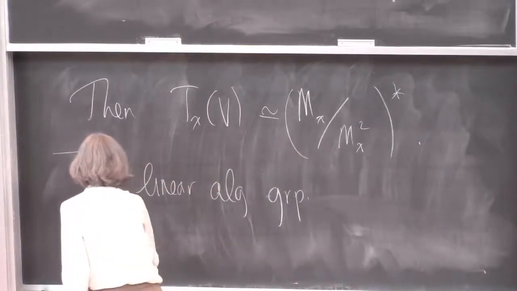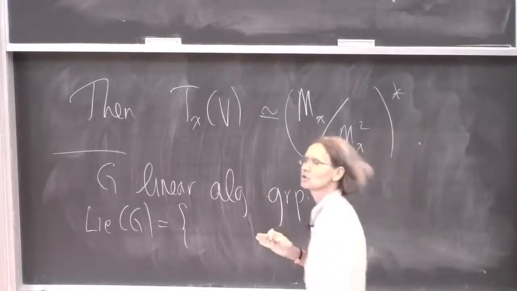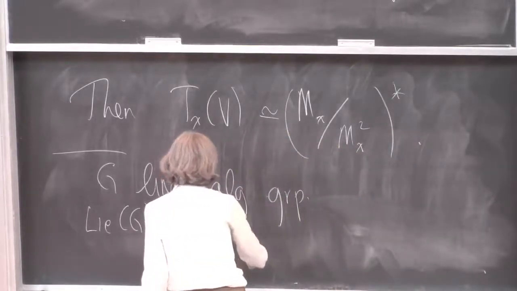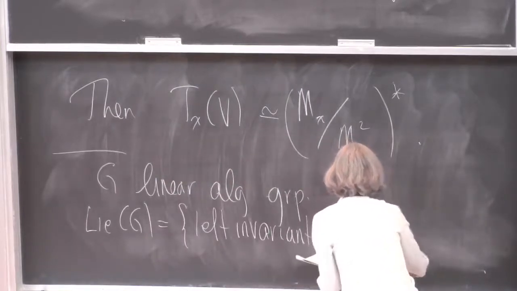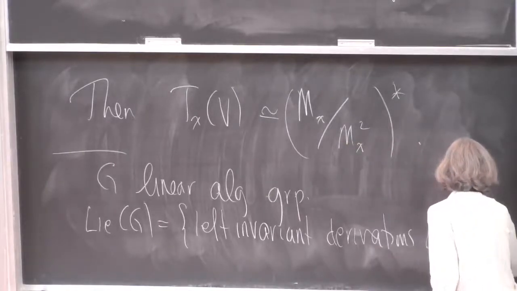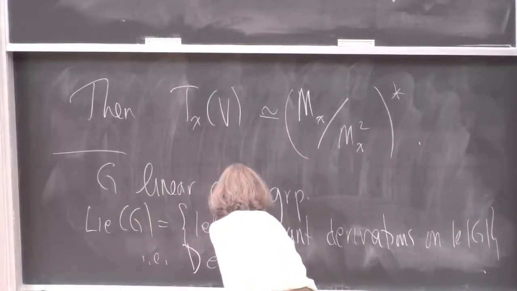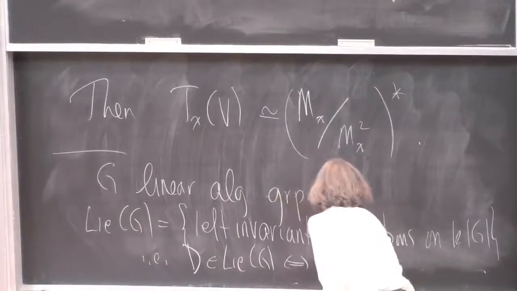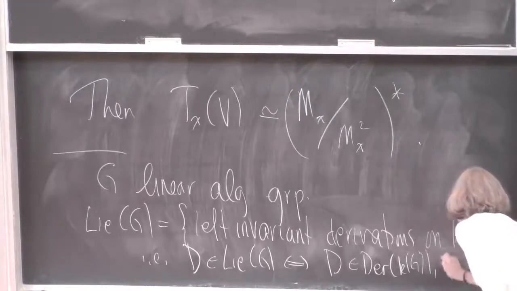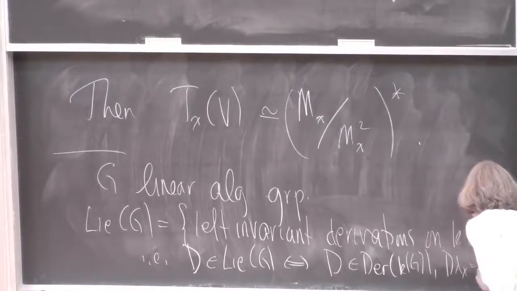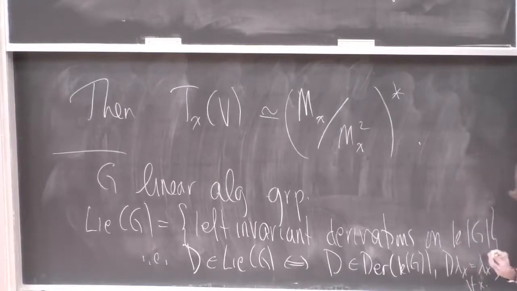The Lie algebra of G should be the space of left invariant derivations on the K-algebra K of G. So left invariant derivations, real derivations this time, on K of G. Okay, so that's a vector space, i.e., a D is in there if and only if D is a derivation on K of G and D lambda_x is equal to lambda_x D for all x. Okay, for all x.